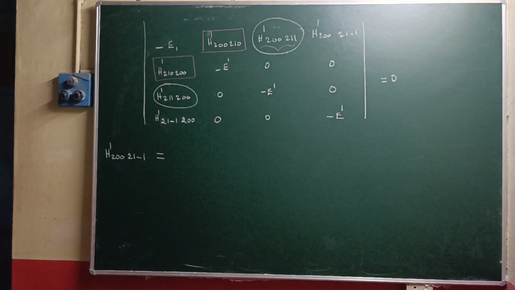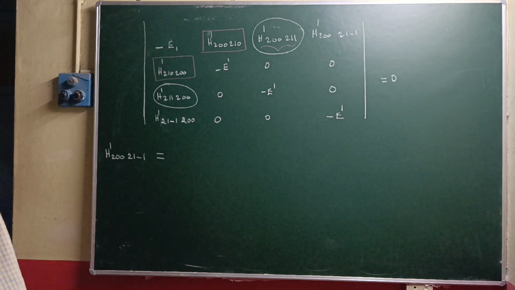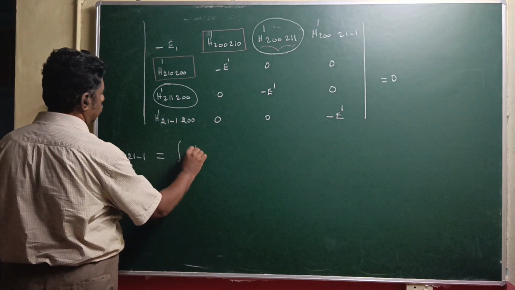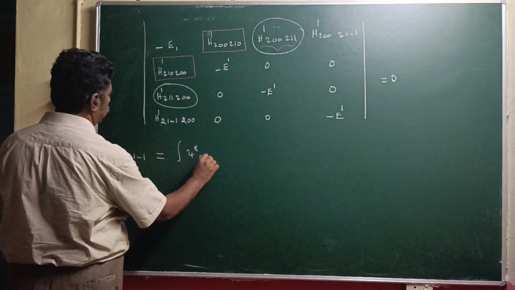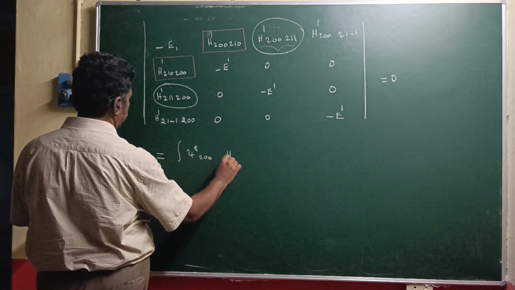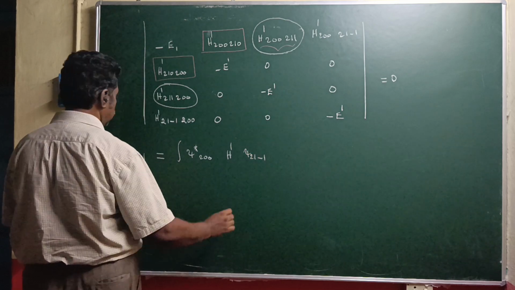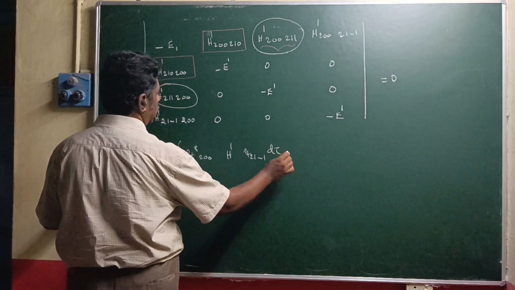Now we have to prove the value of H1 200 21 minus 1 is also 0. Further write down H1 200, that is psi star 200, H1 psi 21 minus 1 into d tau.